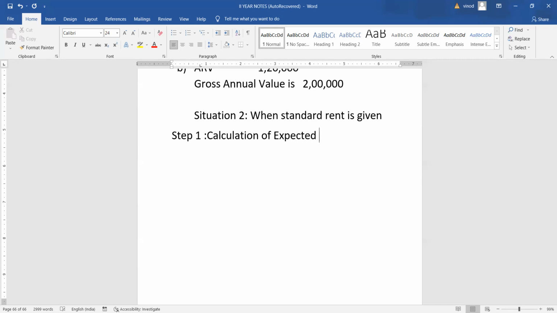Expected rental value: here we compute A, municipal rental value, B, fair rental value.